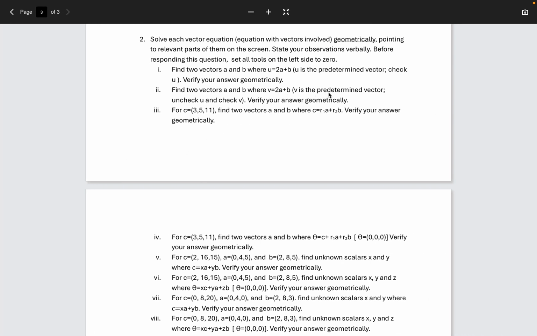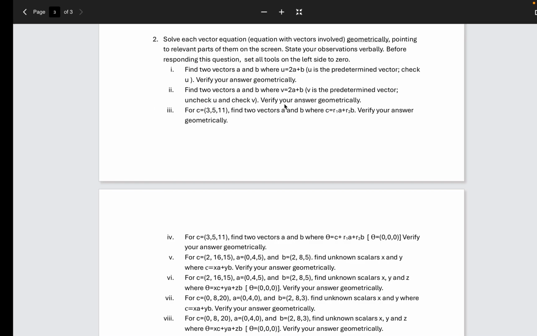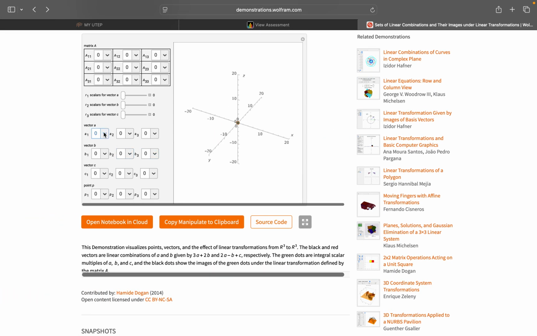Where v is 3a plus 2b. So this is 15 and 10.